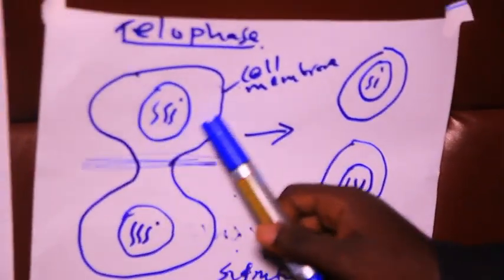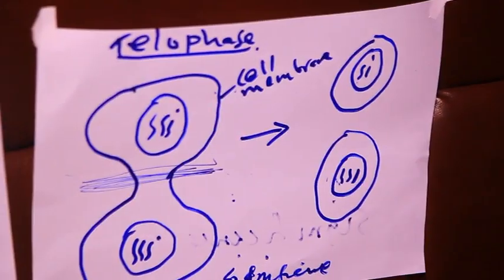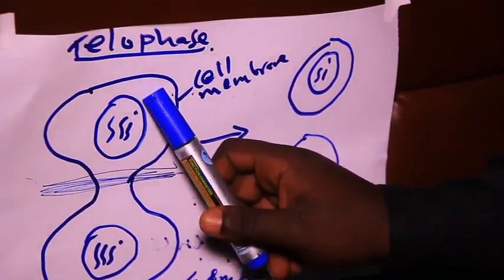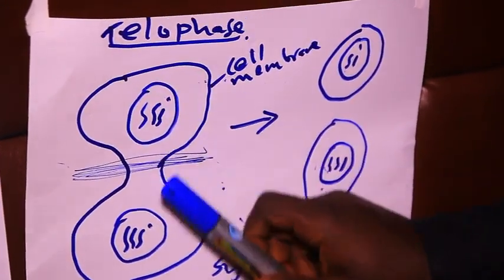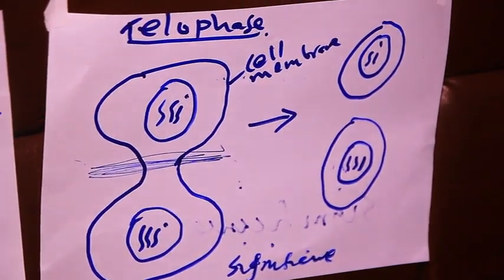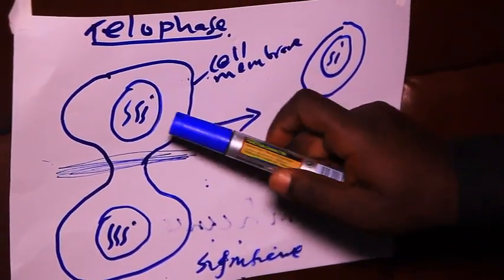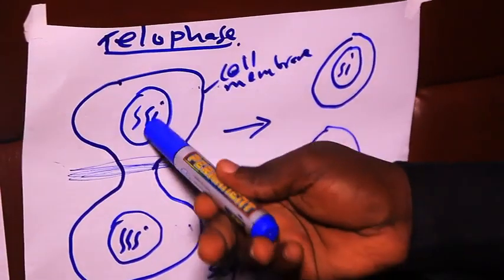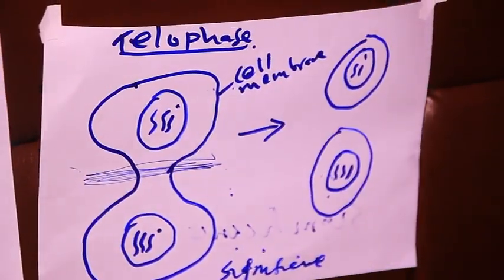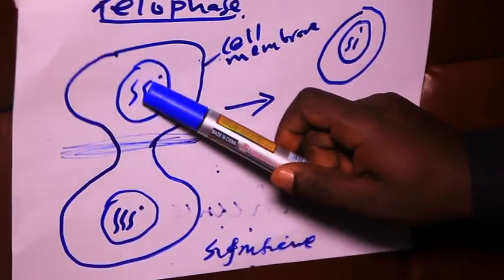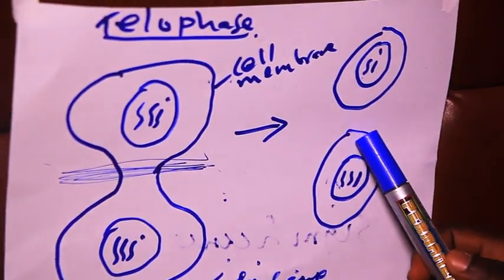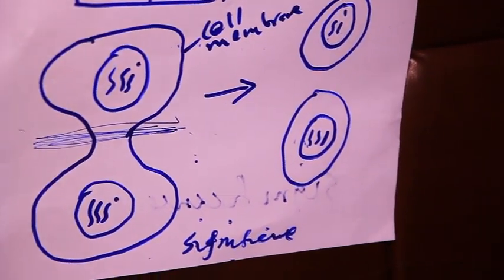One, the nuclear membrane has returned and it's reappearing. And also the nucleolus has reappeared. That means the chromosomes are not visible. They are even appearing like interphase. So after telophase, the cell enters again into another stage, begins afresh into interphase, after forming 2 daughter cells.